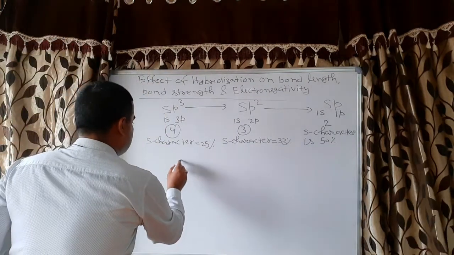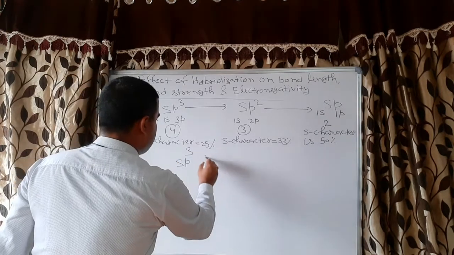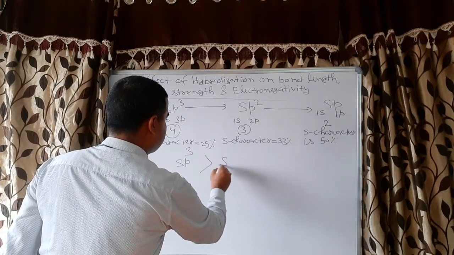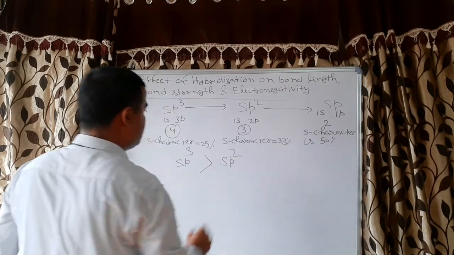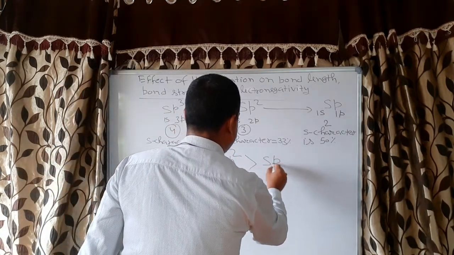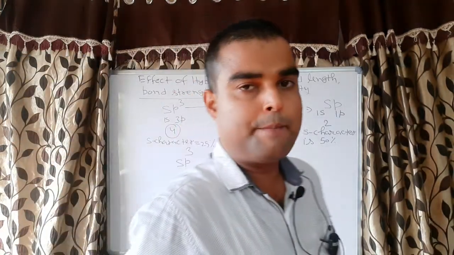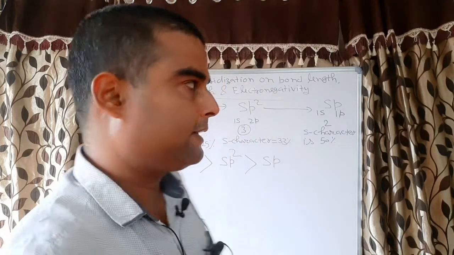So the size of the sp3 hybrid orbital will be bigger than the size of the sp2 hybrid orbital, and that will be bigger than the size of the sp hybrid orbital. Correct?